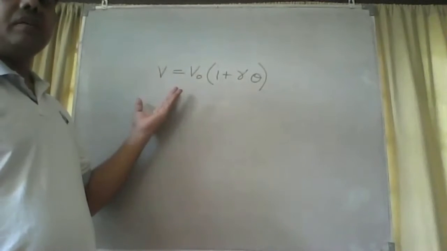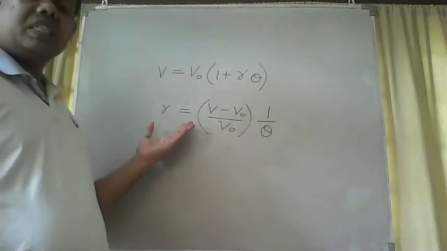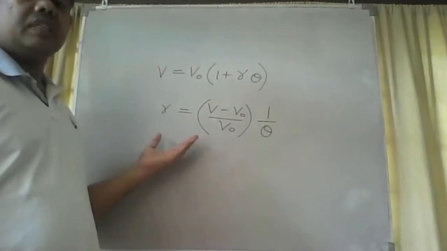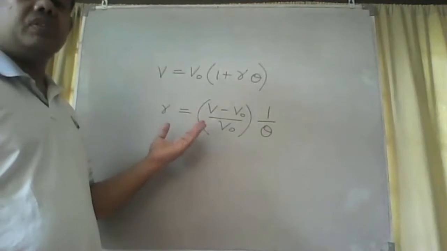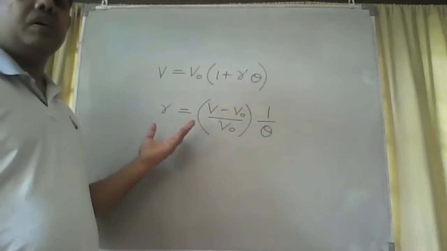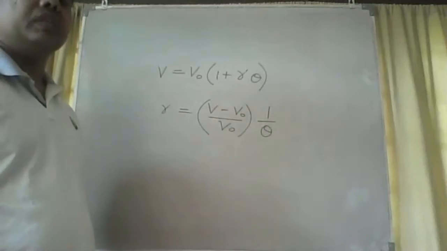Subjecting gamma, the following relationship can be derived. According to this expression, volume expansivity gamma is the fractional change of volume per unit change of temperature. SI units of gamma also per Kelvin, gamma also a dimensionless quantity.